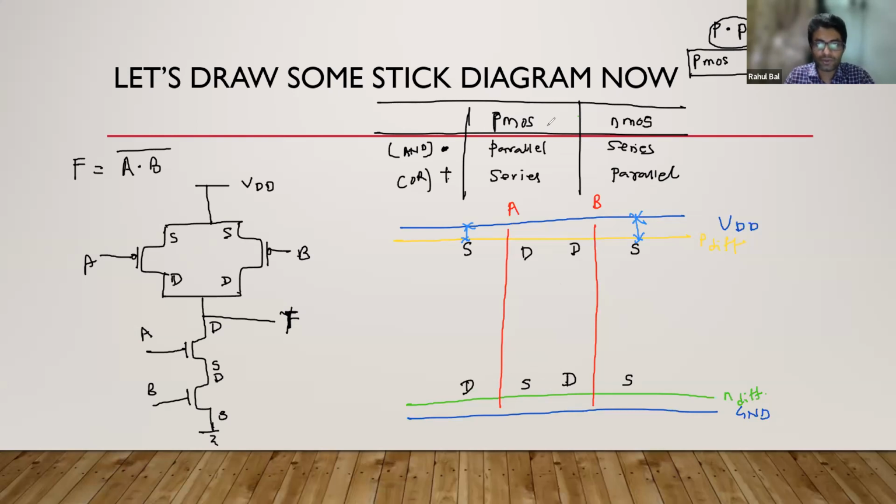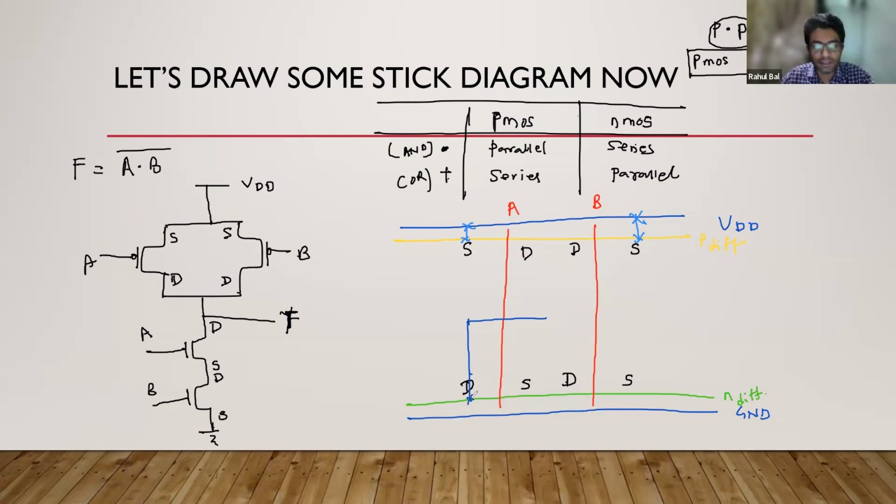So you can show like this: the drain of A-type NMOS is connected to the drain of A-type PMOS as well as the drain of B-type PMOS, right? And on the same wire, on the same connection, there is an output also, which is F. So you can make the connection.